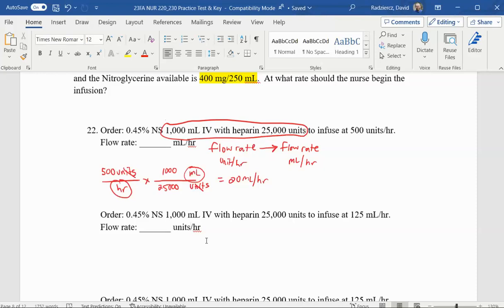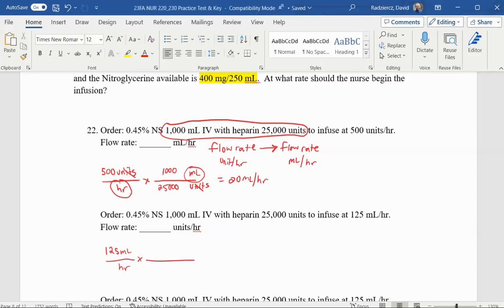And again, what are we doing? We're going from one type of flow rate, milliliters per hour, to another type of flow rate, units per hour. And so let's do that. My initial flow rate in this example is 125 milliliters per hour. I have my same IV bag available to me, the 1,000 milliliters and heparin 25,000 units.